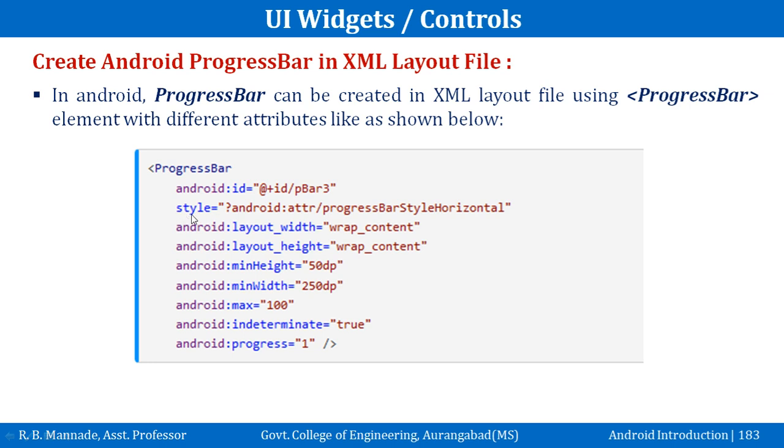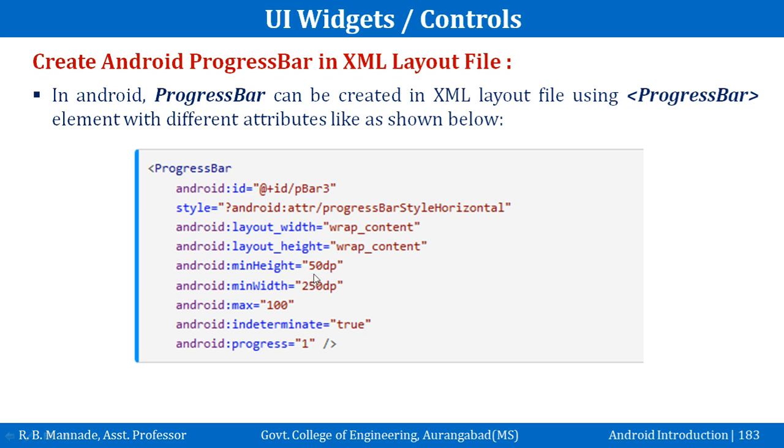If this style property is absent here, then when you run this particular application, your progress bar will be shown in the form of a spinning wheel, and if this style is specified, it will be shown as a horizontal progress bar. Then these are the width and height parameters which are set to wrap content. Then this is a minimum height which is set to 50 dp and minimum width is set to 250 dp.